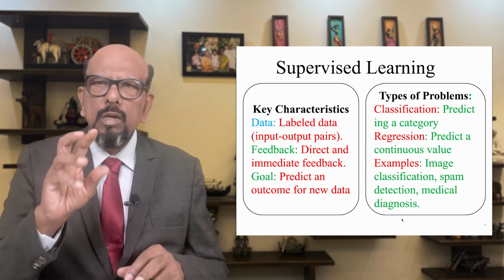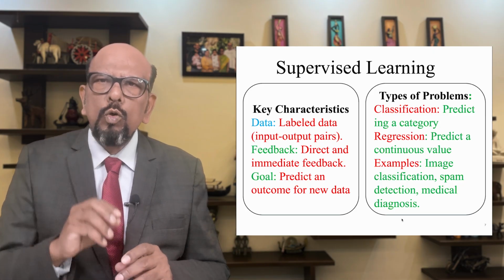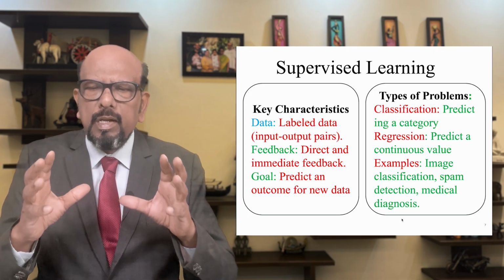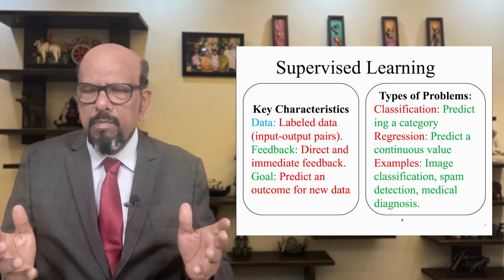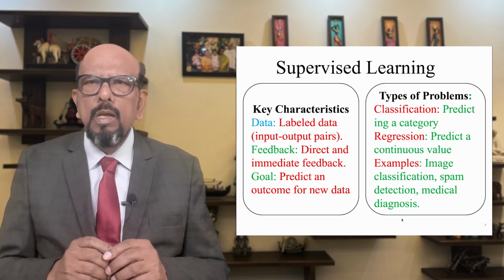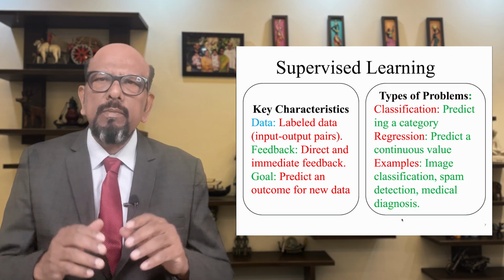From the image, you have to find out where is an eye, where is the nose, where is the mouth. So you can detect those things. Spam detection. So how to detect whether a particular email is a spam. Medical diagnosis. These are all some examples.